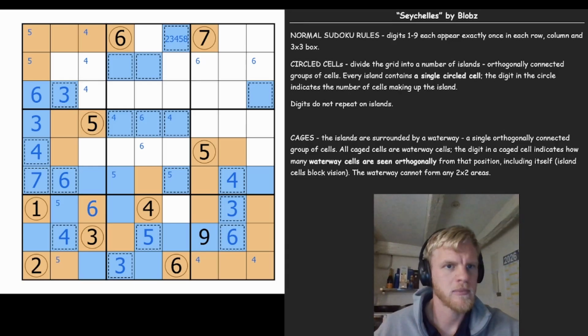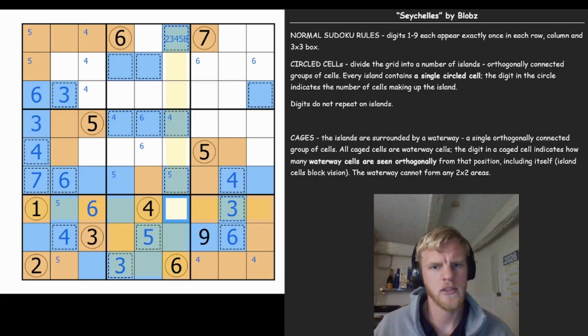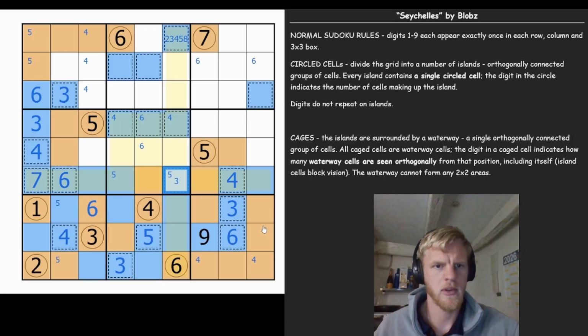Okay, what else? This cannot connect the 2 islands, so that's water. This is either 1, 2, 3. Cannot be a 3, right? Can it be a 3? 3, 4.